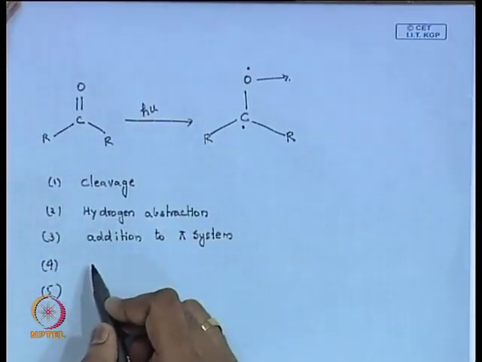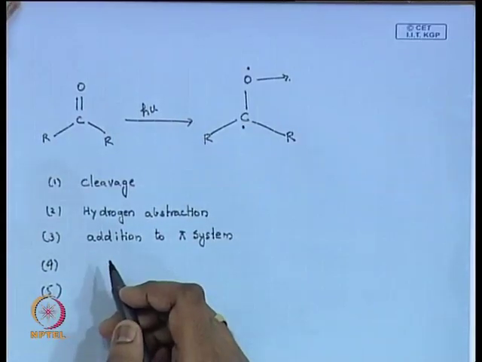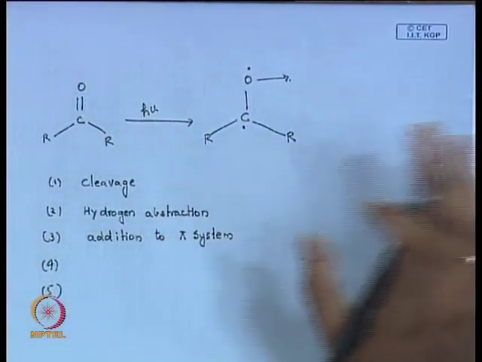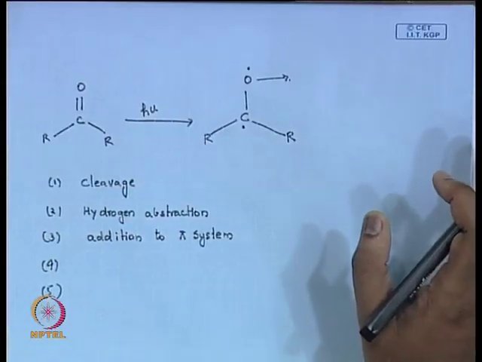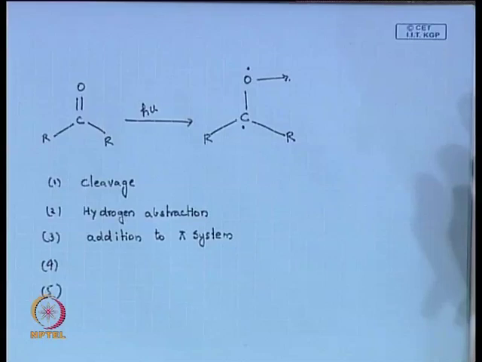Are we recollecting? That is what I want to see. One we said we have to study cleavage, then hydrogen abstraction reactions, addition to pi system, then recombination, all is about the radical. This is your n pi star reactivity.